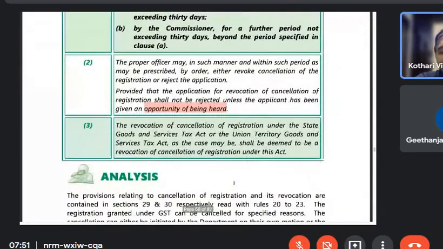So first is registration, next is amendment, next is cancellation, next is revocation. Cancellation is either by the registered person or by the proper officer. If the proper officer cancels, you can apply for revocation within 30 days.